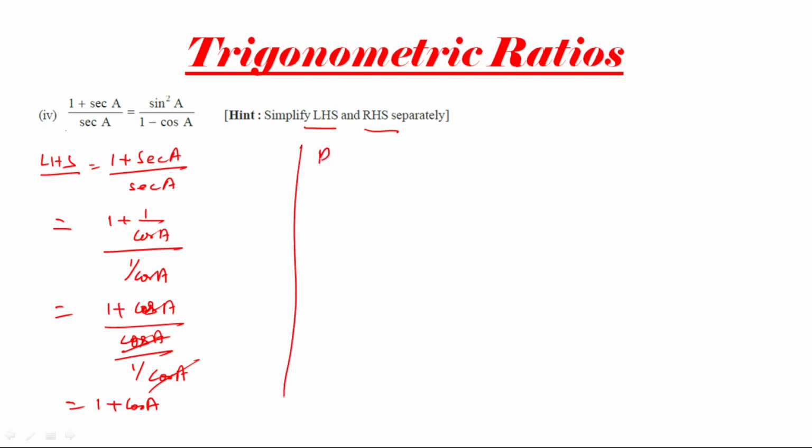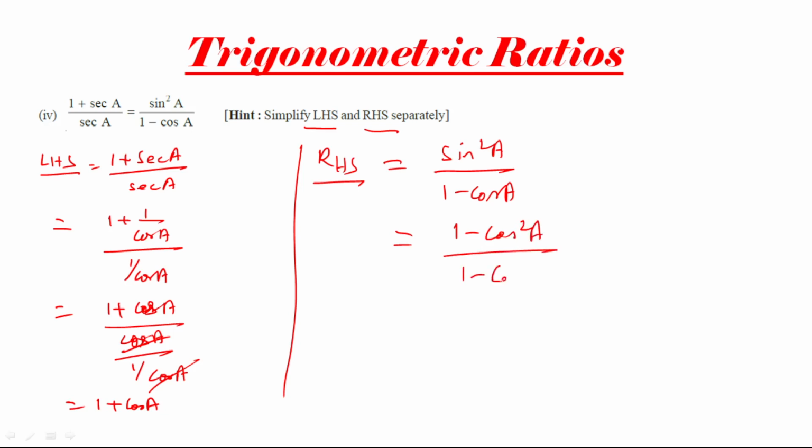Similarly, RHS we are going to solve. So RHS is what? Sin square A by 1 minus cos A. Sin square A will be equal to what?